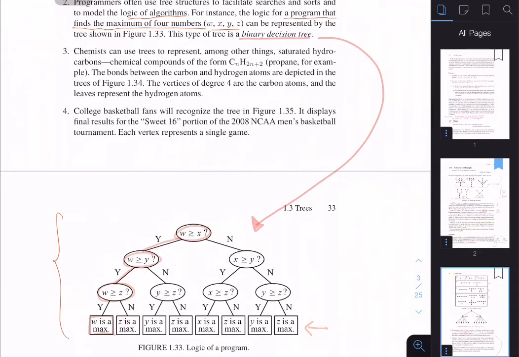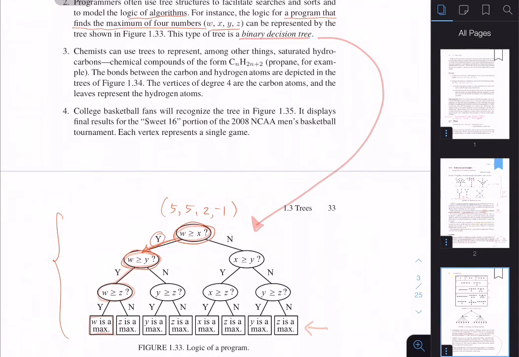So for example, if we have numbers like 5, 5, 2, minus 1, first you would compare the first and second entry, and it is true that 5 is bigger or equal to 5, so you move on to the next row of this decision tree.